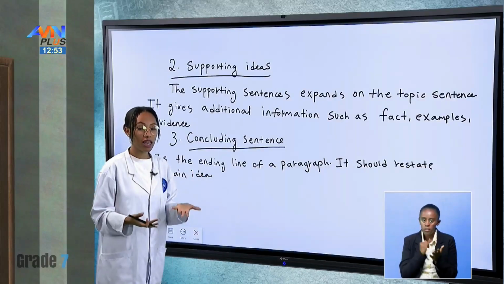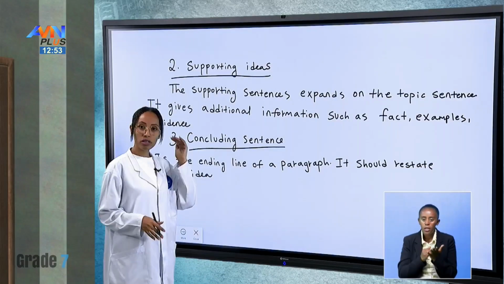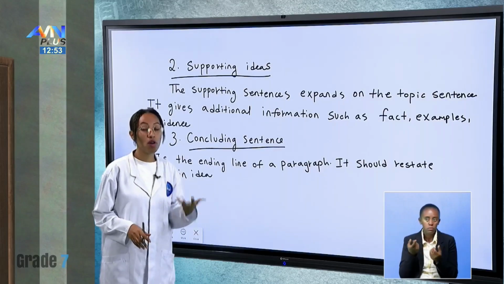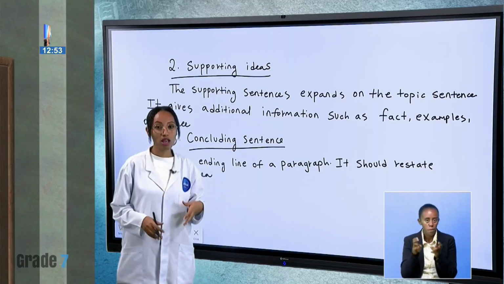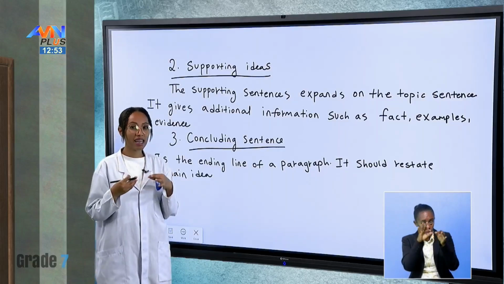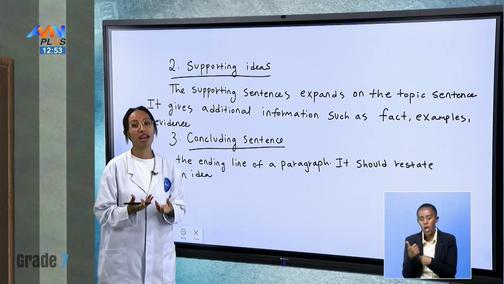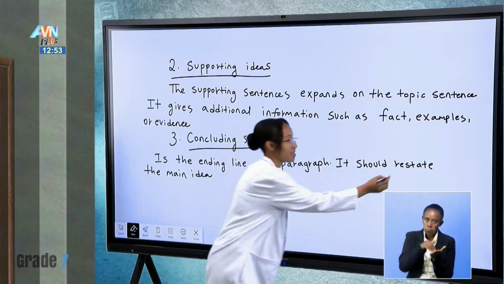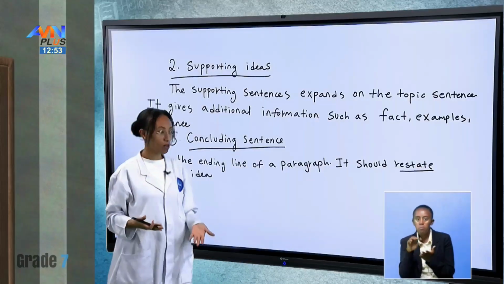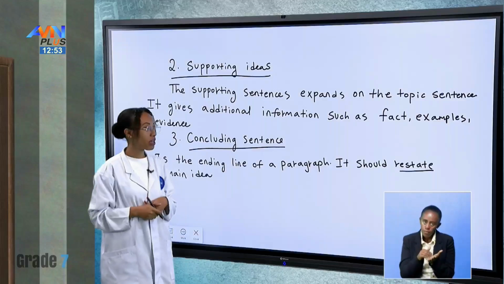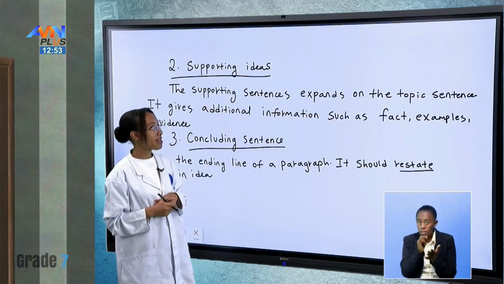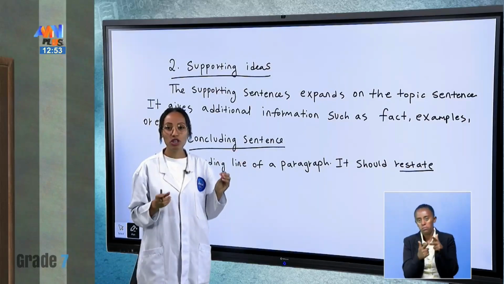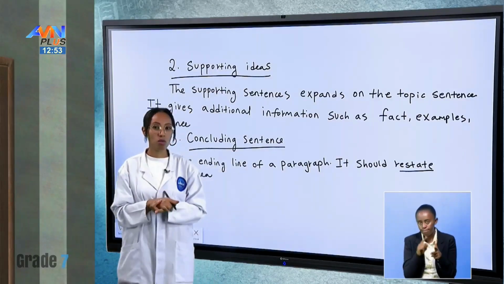It should restate, meaning it should give us the information that we had when we first wrote the topic sentence. So it has to say it again in another way by generalizing. Restate it again. Talk about it again. That is the concluding sentence. And those are the three elements that we should have within one paragraph.